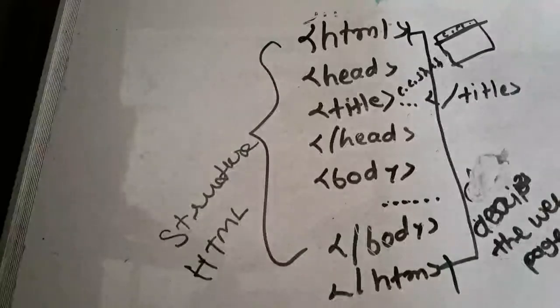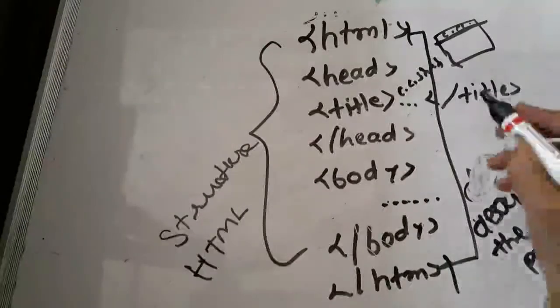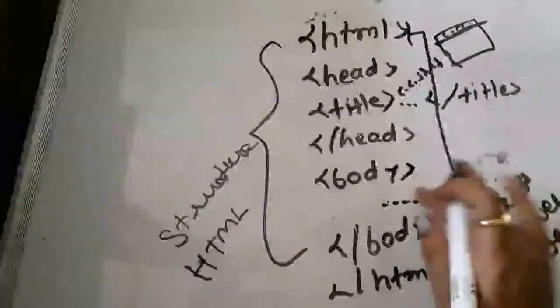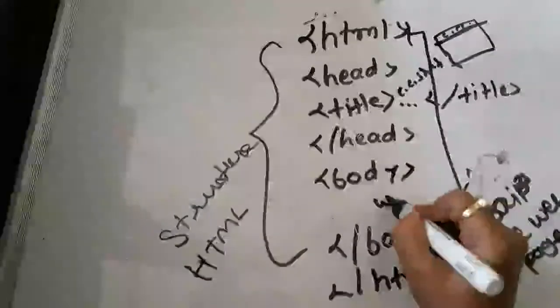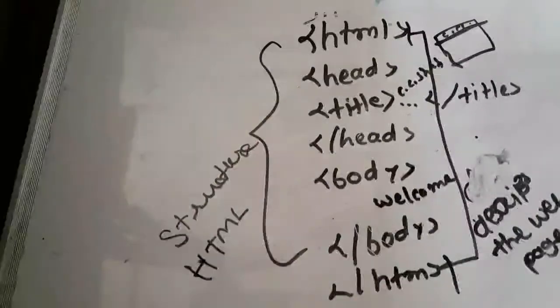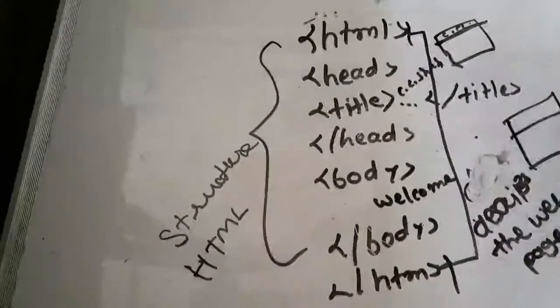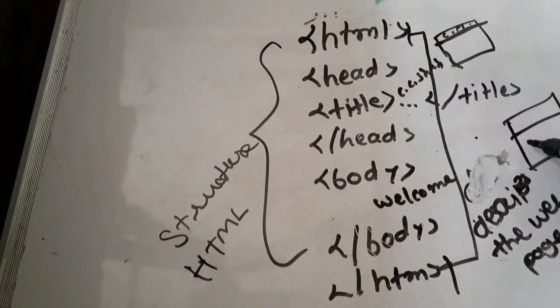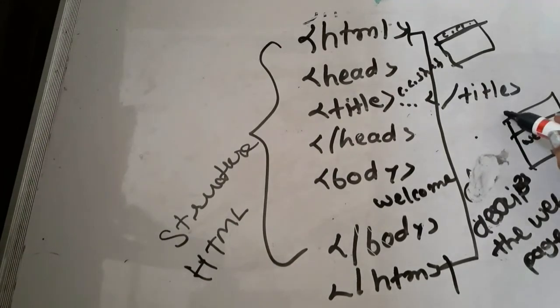For example, the body content is a welcome message. The output is displayed as the welcome message. Okay, this is the web browser output.